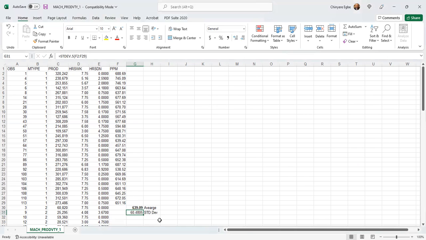All right, so we get a standard deviation of 60.448. If you were to do this problem from scratch, this is what you would do. You calculate an average, you calculate a standard deviation, and then you go through the process that I showed you. But what I have done is to make it simpler. I might still give you a homework assignment that requires you to go through this process.